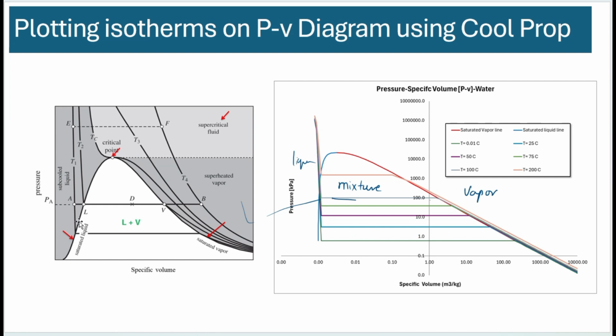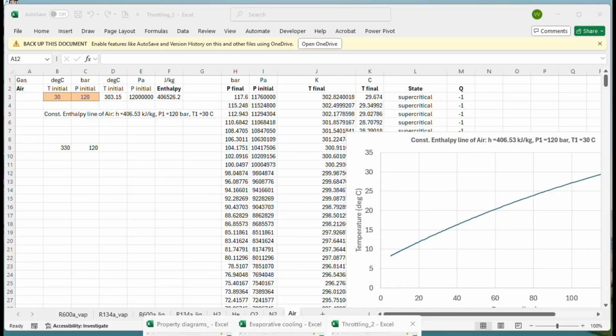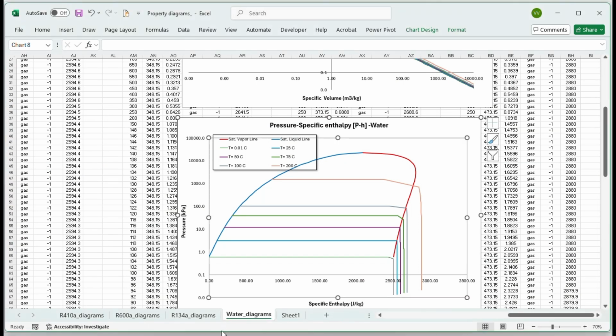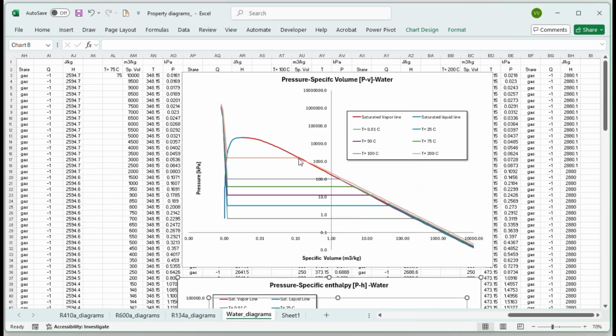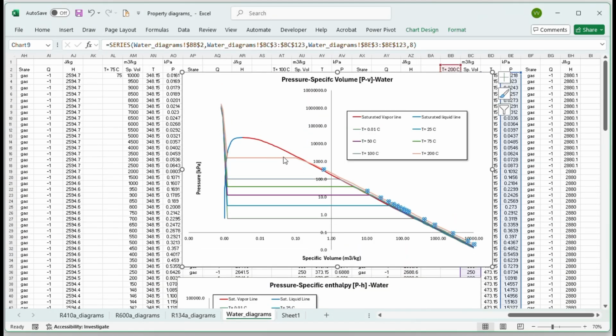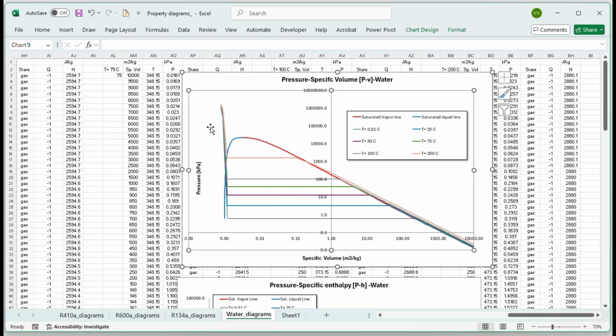You could use the same method in CoolProp to create this, and we can look at that chart here. You can see I've also calculated specific volume when I calculated the enthalpy. So for different temperature conditions, you can see how all of them vary within the P versus V plot.